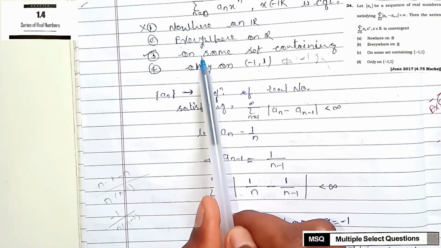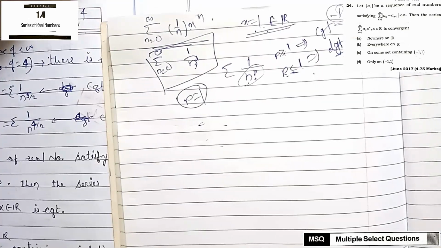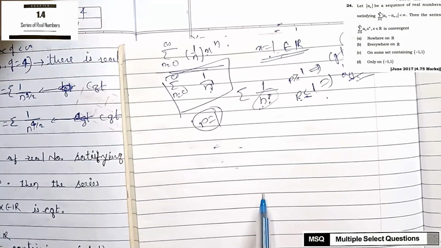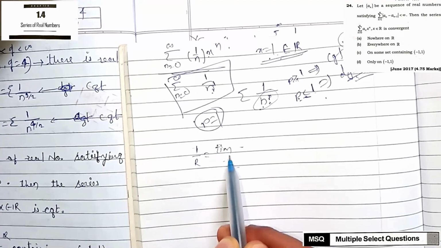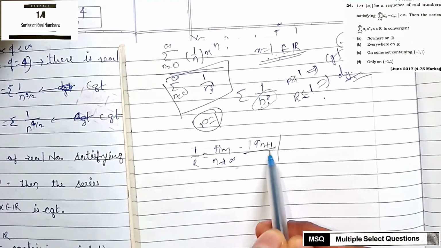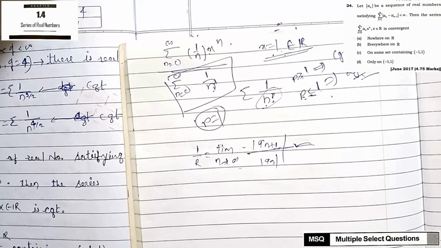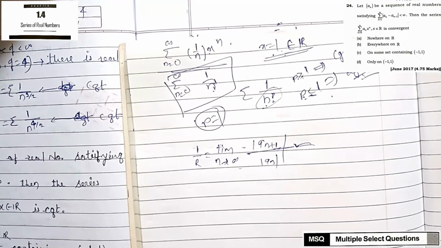Now let us verify the third option in detail. Let us take some counter example. As we know, in real analysis the radius of convergence is given by 1 upon R equal to the limit as n tends to infinity of modulus of a_(n+1) upon modulus of a_n. We take the radius of convergence for our series and verify in which interval our series is convergent or divergent.